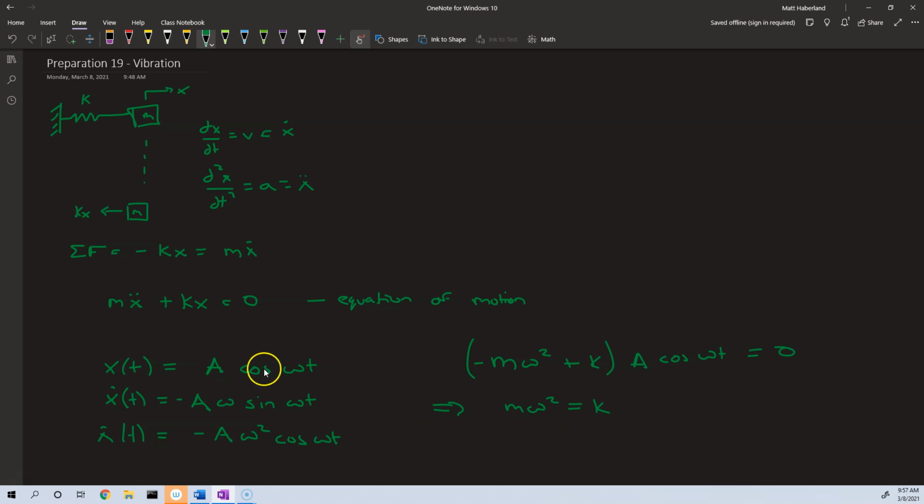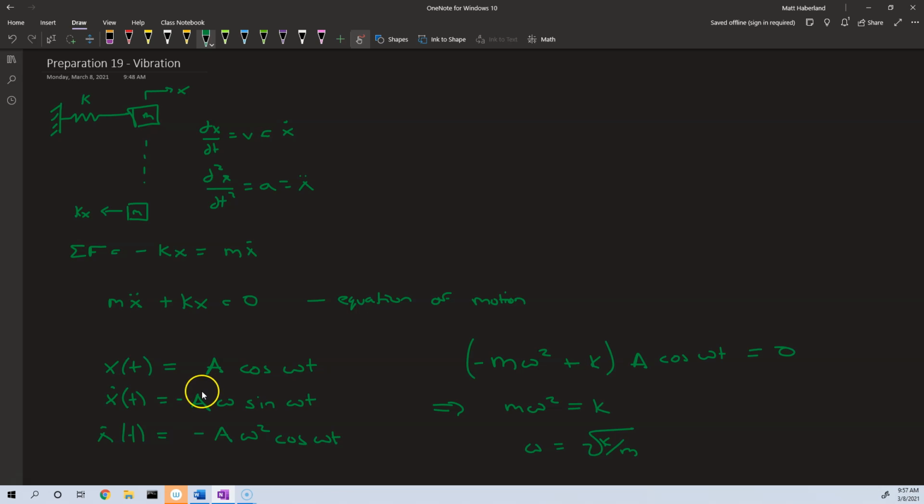K is the spring constant. M is the mass. We know those things. Omega is something we didn't know. We guessed that a cosine omega t was a solution. This is telling us something about what omega is in order to be a solution. Omega has to equal the root of k over m in order for this to be a solution.